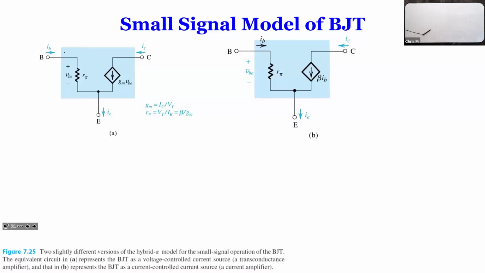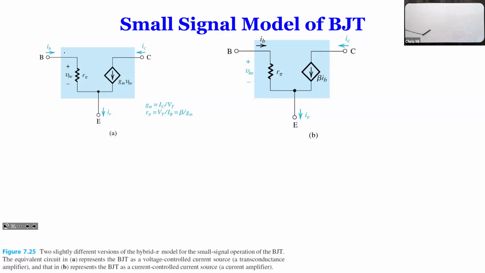In this pi model, first of all, we derived it without RO, without the Early resistance. This one is more popular to use. It is exactly the same circuit, but instead of using VBE, we use IB. You see here, it's times IB instead. That's actually an identical circuit, so you don't have to worry about that.